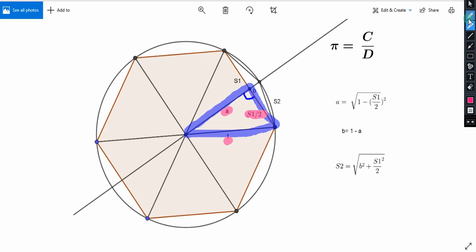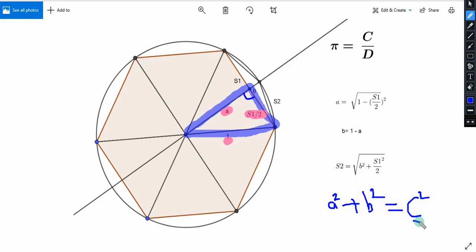You know, the Pythagoras theorem tells us that the square of the hypotenuse is equal to the sum of the squares of the other two sides: A square plus B square equal to C square.